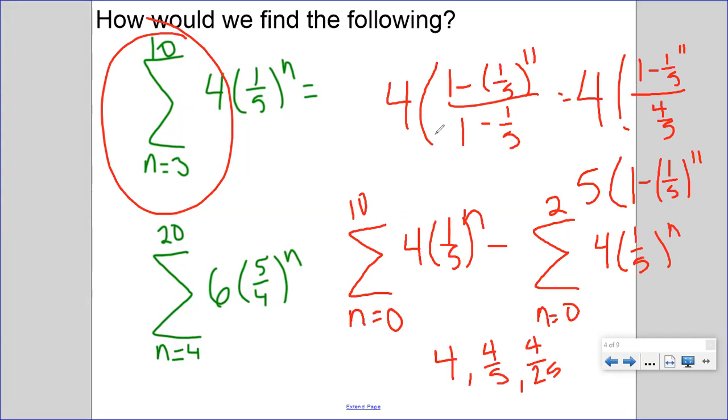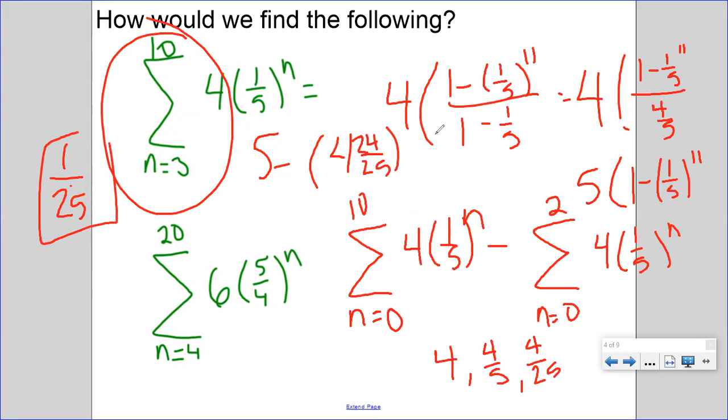That's gross. So our answer would essentially be 5 minus, what even is that? That's 4 and 24/25. And so our answer is approximately 1/25. Wow. Wildly small.